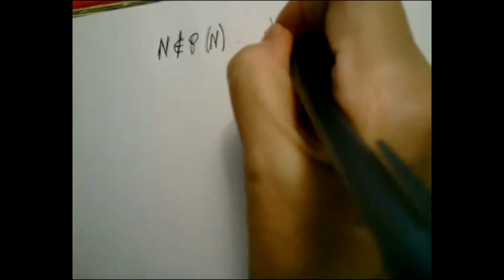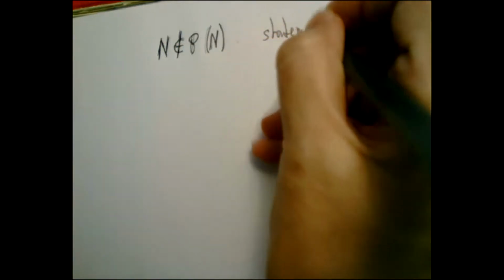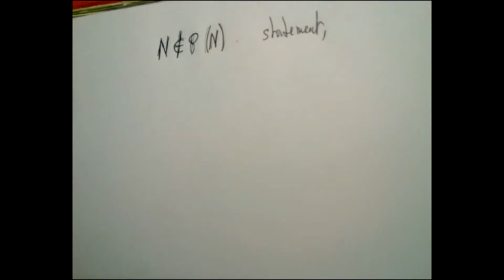Okay, so the question is: is it a statement, yes or no? If it is, is it true or false? It is a statement. Okay, true or false? And justify, of course.